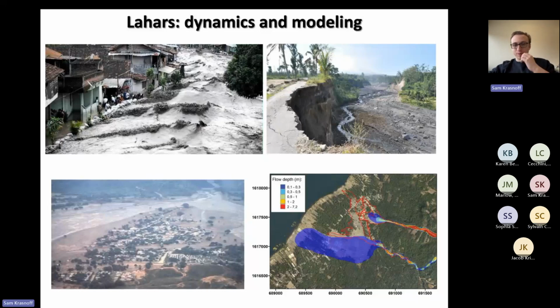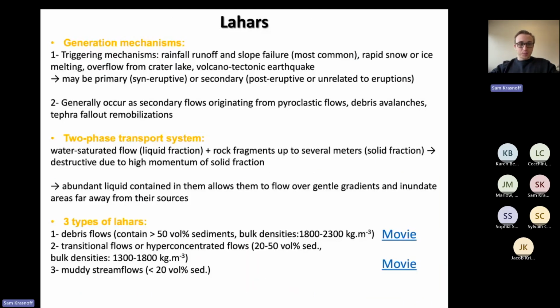Great. And then on the right you can see one of the models. I think this is an older version of the model than what we were using, but it does calculations and approximations of the total flow depth. Just a quick background for lahars themselves.